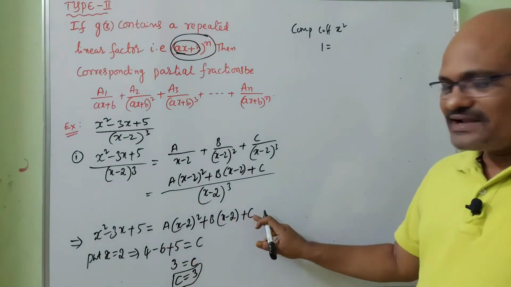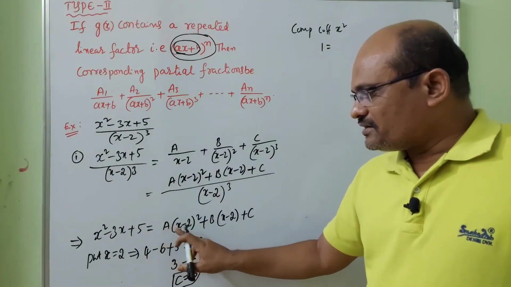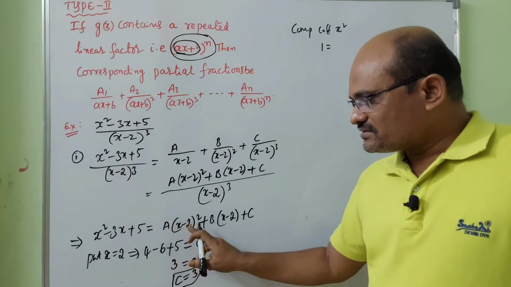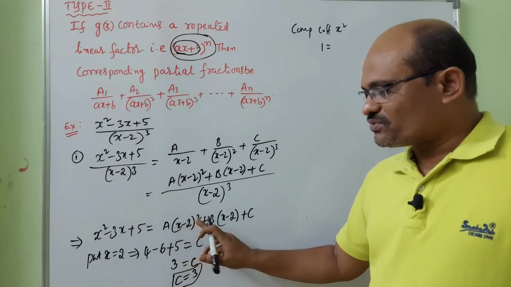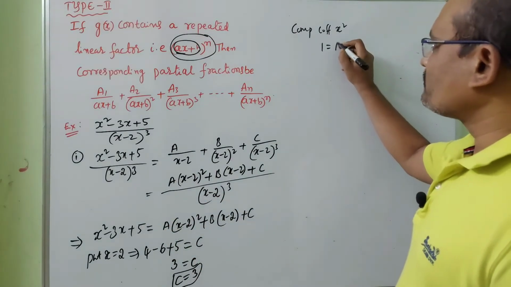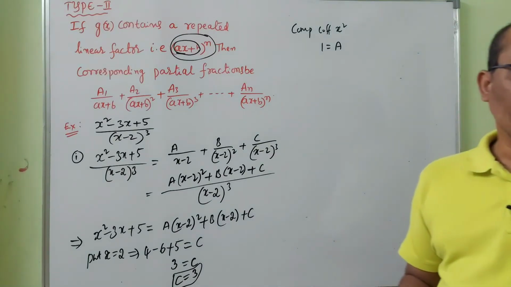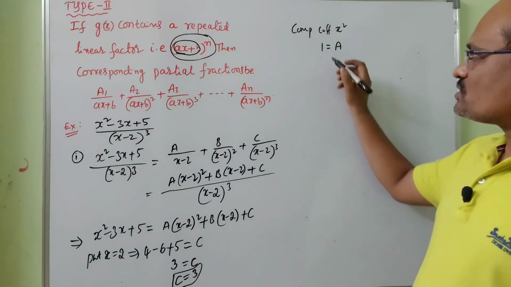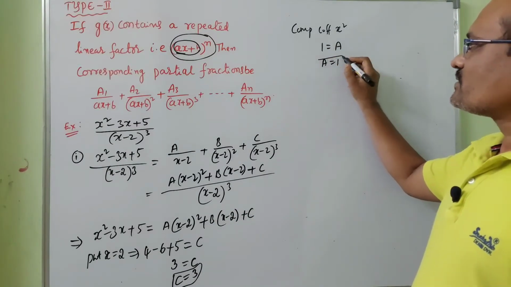If you observe the right hand side, here you will find a into (x minus 2) whole square. In this expansion, what you get? x square minus 4x plus 4, multiplied with a, the coefficient of x square is a. Here there is no x square, here there is no x square, so 1 is equal to a. So the value of a is 1.